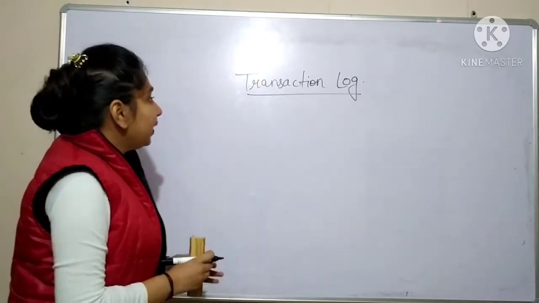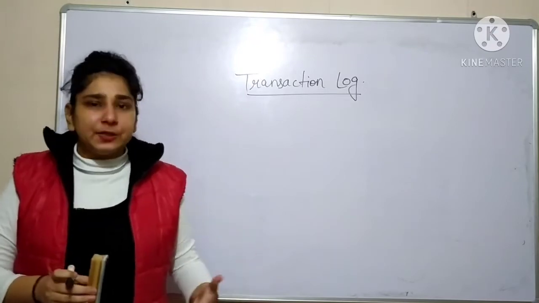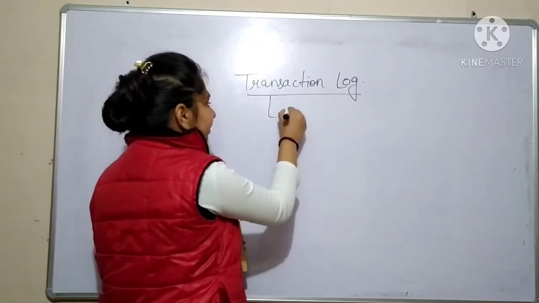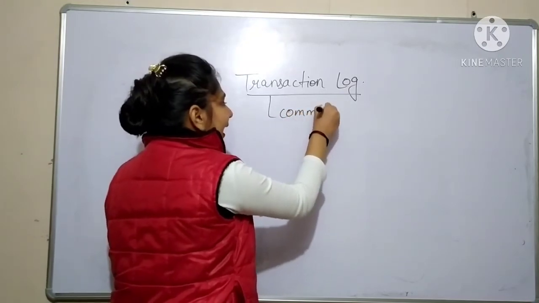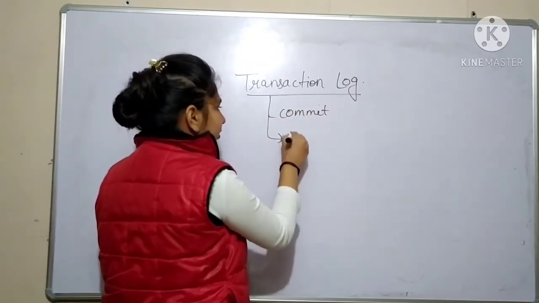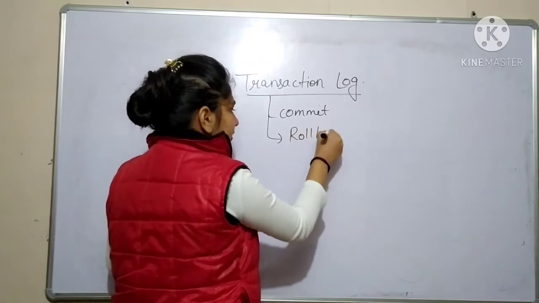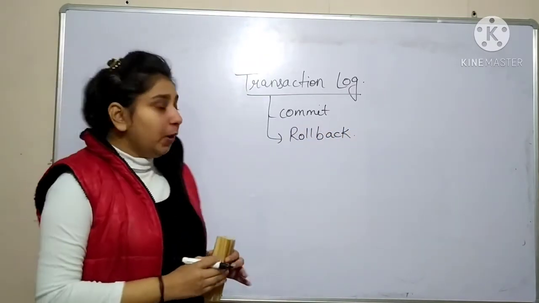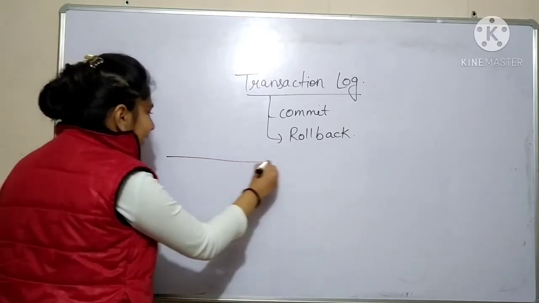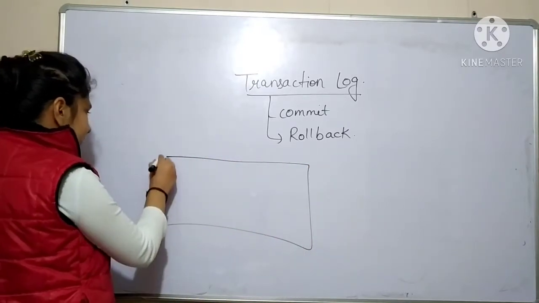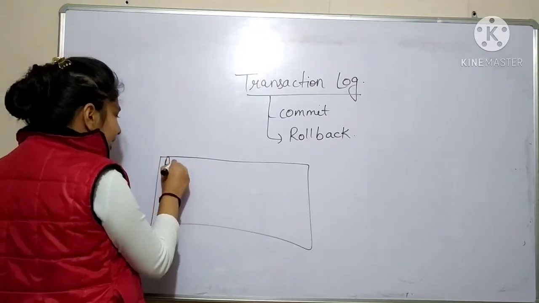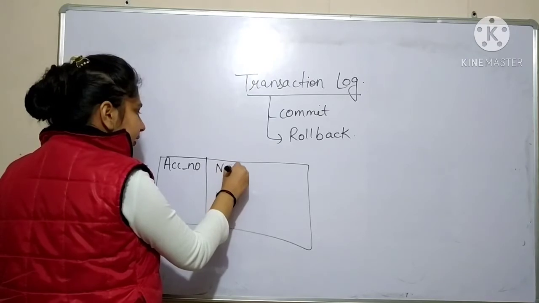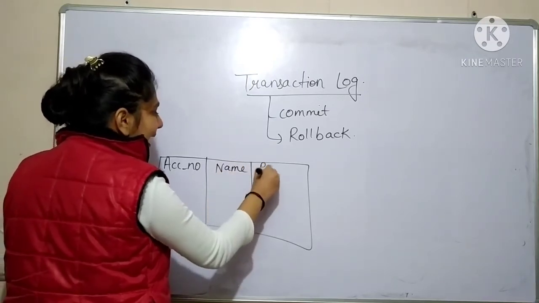I have discussed these two operations, commit and rollback. Let's assume that we have one database. We have an account number, a name, and a balance.